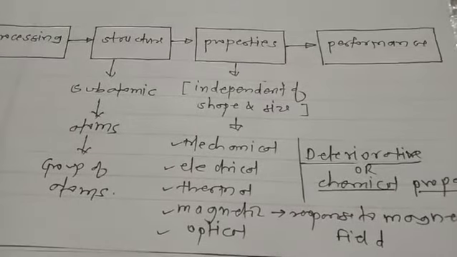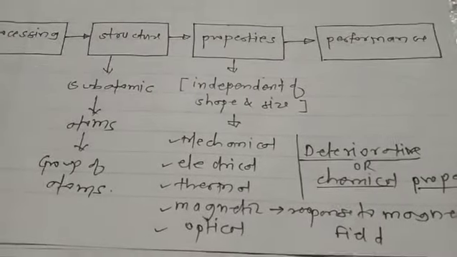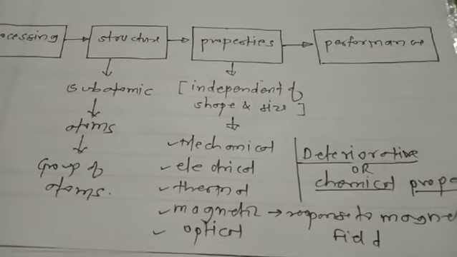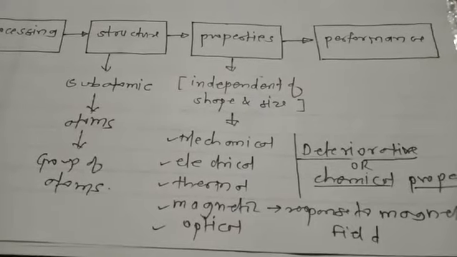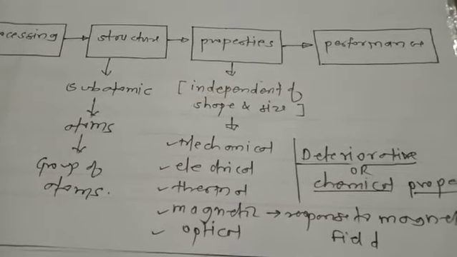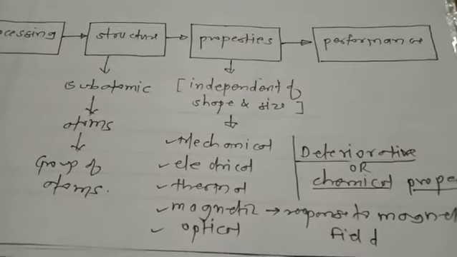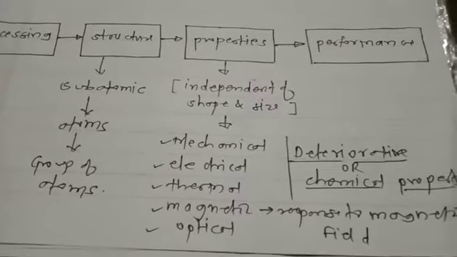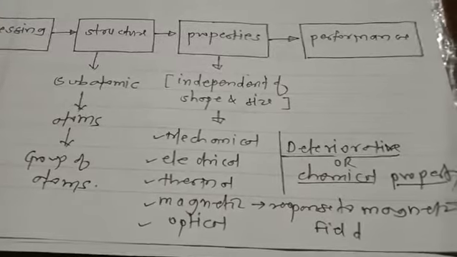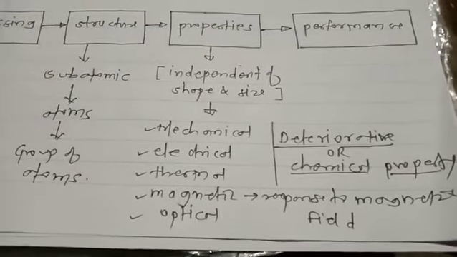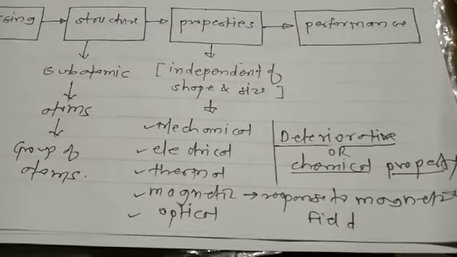Then what is electrical property? That electrical property is nothing but the conductivity of the particular material. Then what is thermal property? We can call it the thermal conductivity of the particular material, how it is going to respond to the heat. Then magnetic property, this is nothing but the response of the material to the magnetic field.